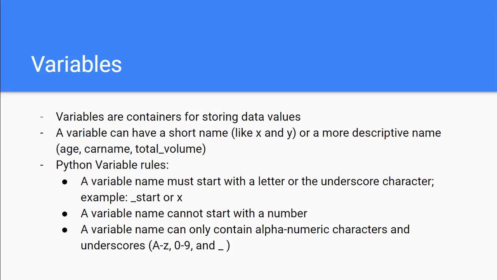Variables cannot start with a number, so you cannot start off a variable with a 2 or any other numbers from 0 through 9. But other than that, a variable can contain alphanumerical characters and underscores, meaning it can contain letters from A through Z, numbers from 0 through 9, and it can contain an underscore as well.